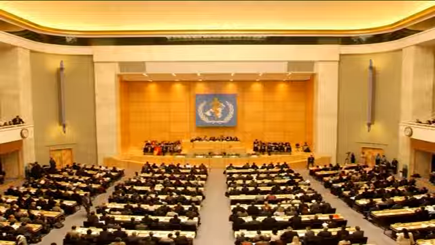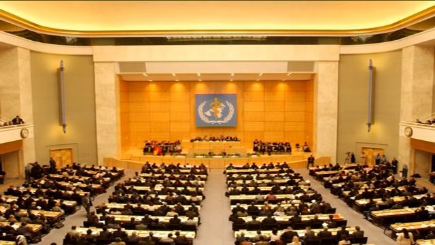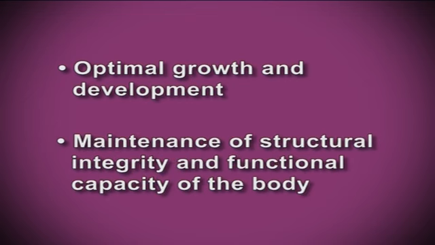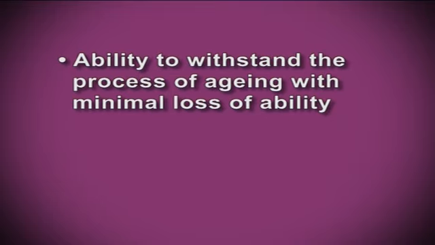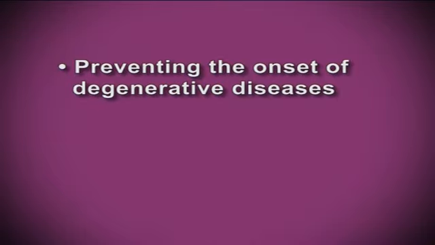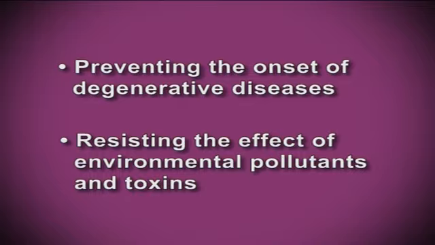The essential requirements of health include the following: optimal growth and development, maintenance of structural integrity and functional capacity of the body, ability to withstand the process of aging with minimal loss of ability, ability to fight diseases as shown by resisting infections, preventing the onset of degenerative diseases, and resisting the effect of environmental pollutants and toxins.